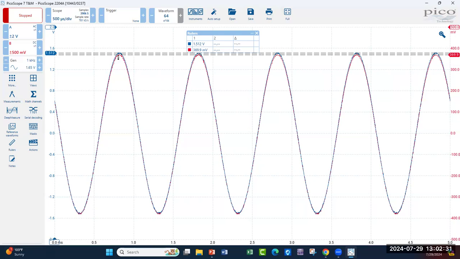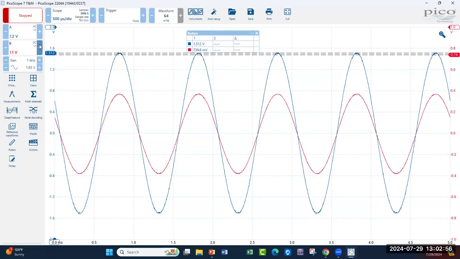Even though the red trace looks almost the same size as the blue trace, they are different values. Why? Because I have my voltmeter settings on different scales. Channel A is on the 2 volts per division scale, whereas my channel B is on the 500 millivolts per division scale.